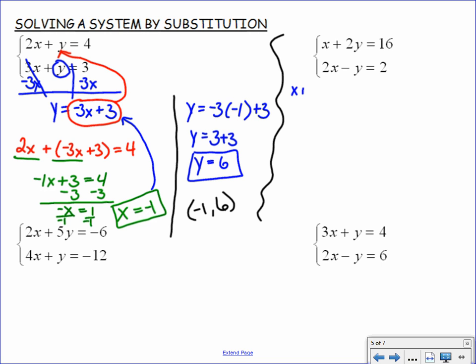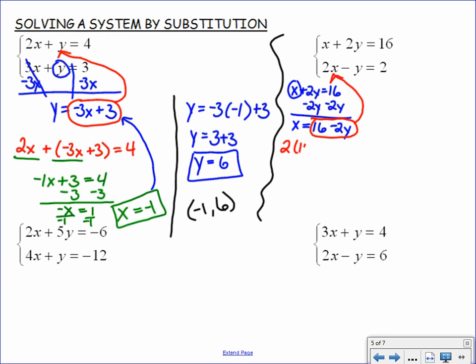So if I take x plus 2y is equal to 16, and I rearrange it to solve for x, I'm going to subtract 2y from both sides, and I get that x is equal to, and I can even leave that as 16 minus 2y if I want to. Plug this x value into the other equation. So it's going to go into the bottom equation for the x.